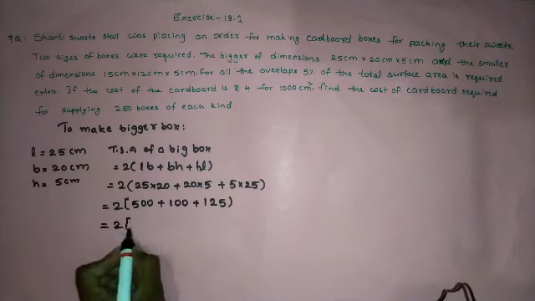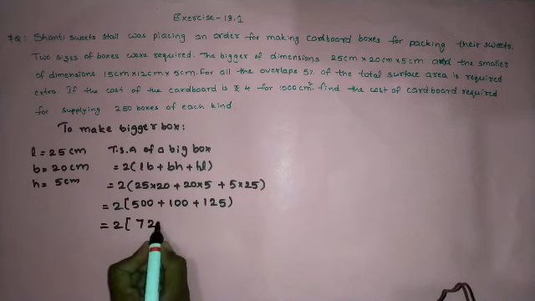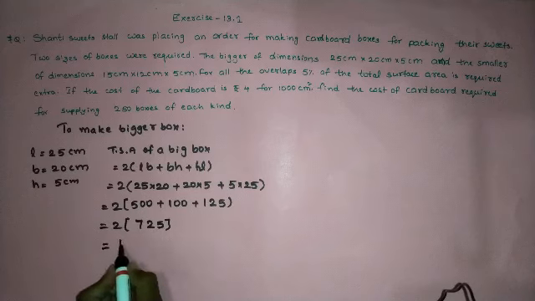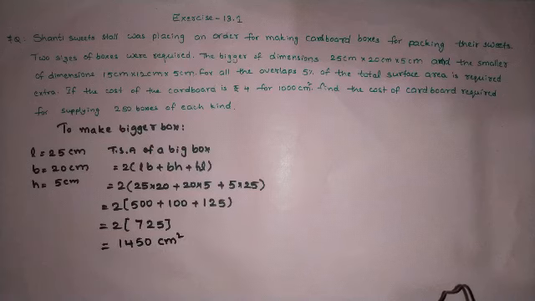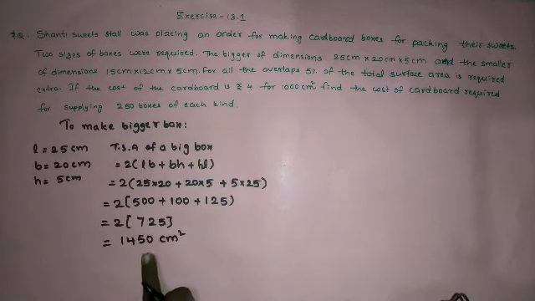Now 500 plus 100, 600, 600 plus 125, it is 725. By multiplying 2 into 725, we will get 1450 centimeter square. This is the total surface area of one big box, that is 1450 centimeter square.